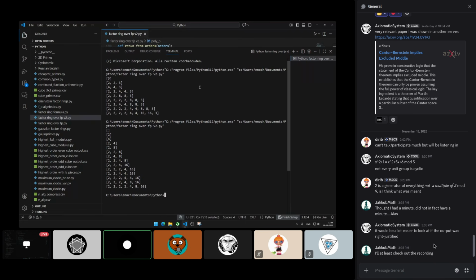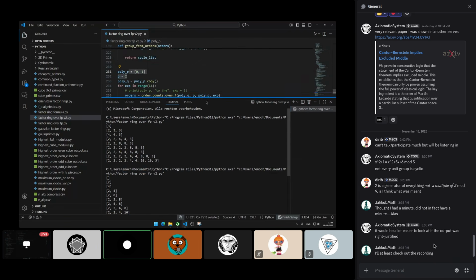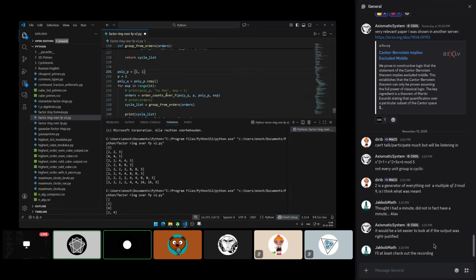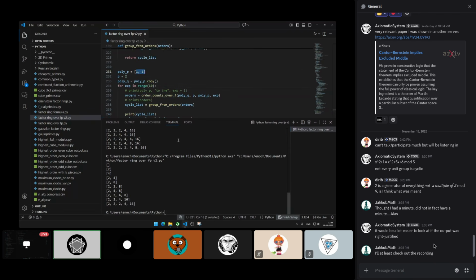Are you saying these two outputs are related to each other? They look like it. This is the powers of a quadratic polynomial. And then this is a linear polynomial. Let me run the other linear polynomial as well.